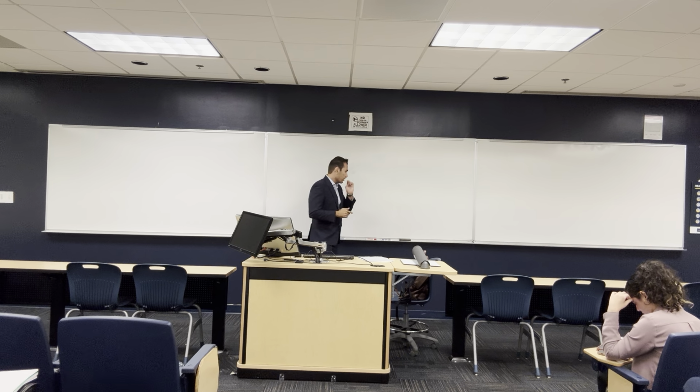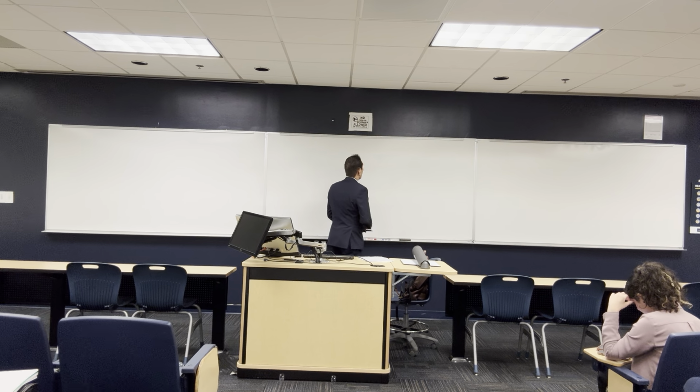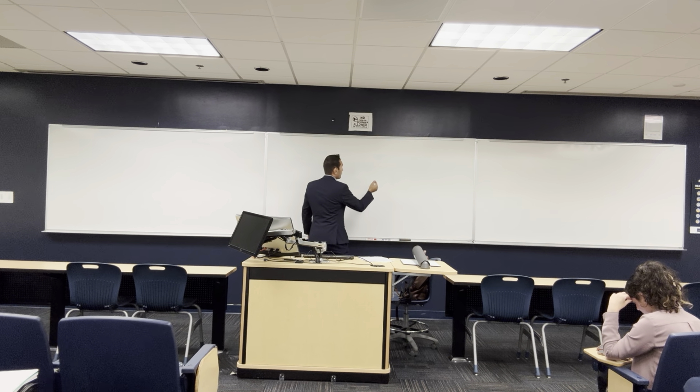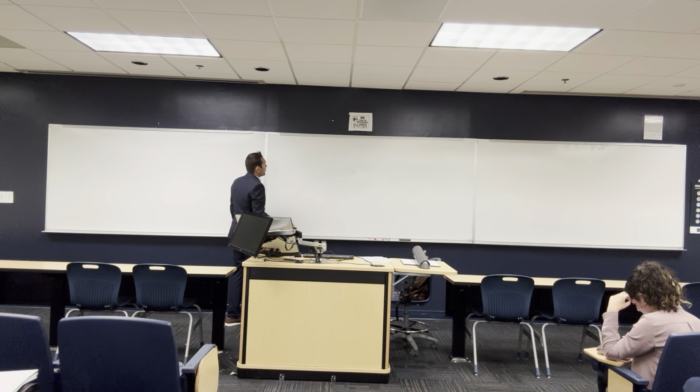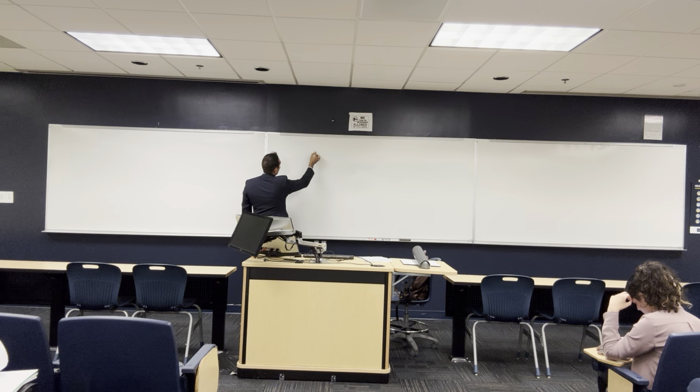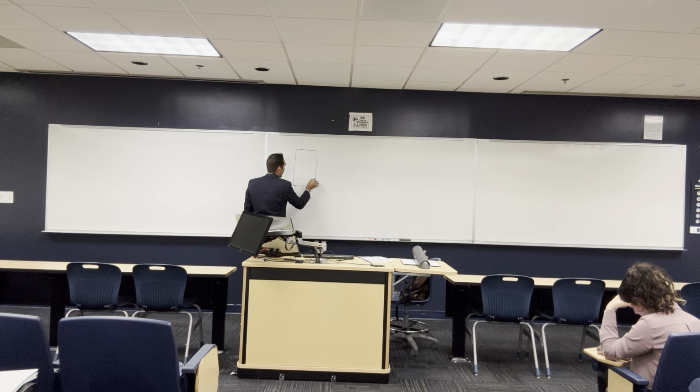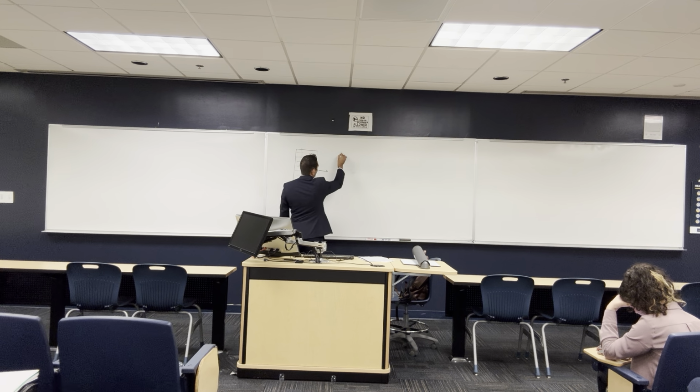Okay, so last time we started talking about an interesting topic in structural dynamics. Let's review what we had. We talked about a building like this, and this building is very, very complex to solve. So we try to convert it to a system called a multi-degree of freedom system.